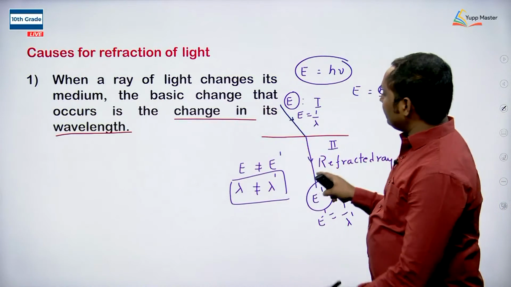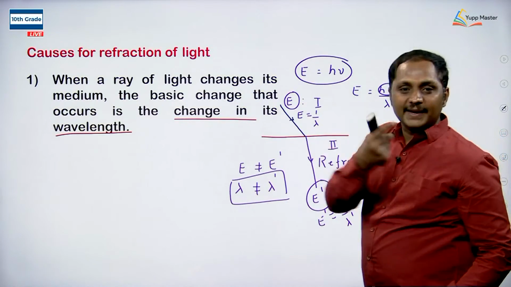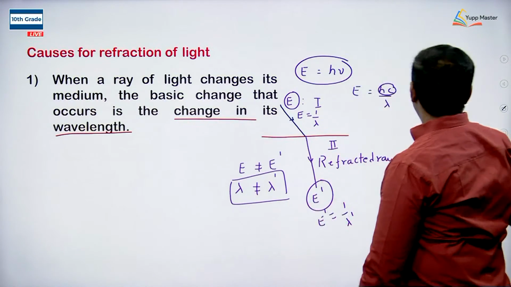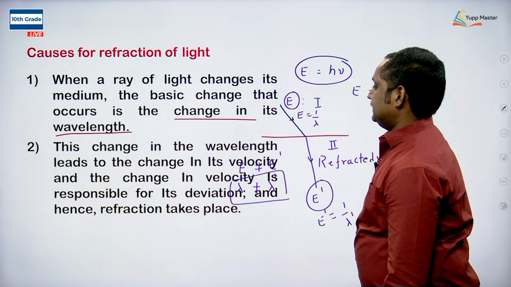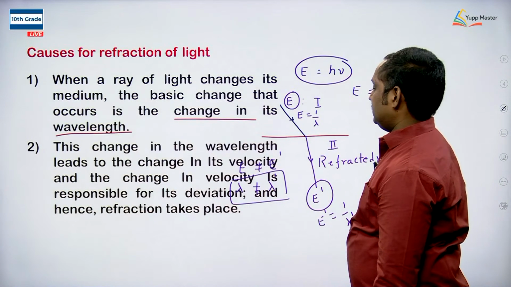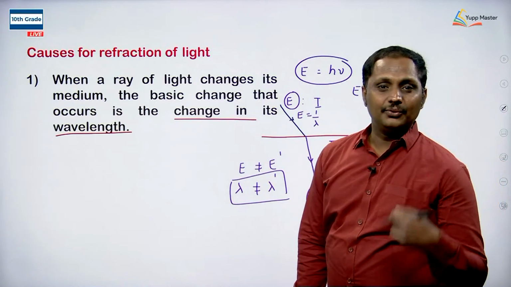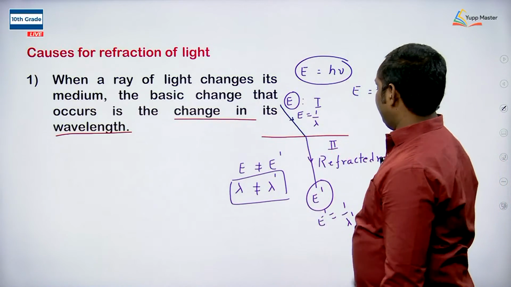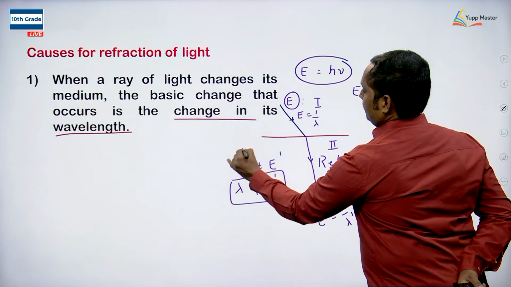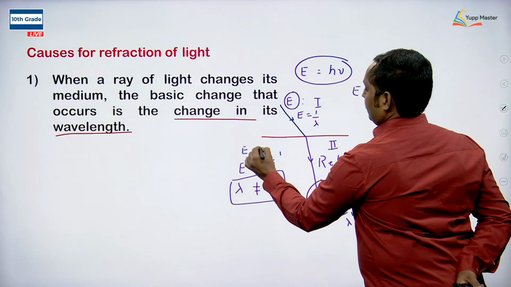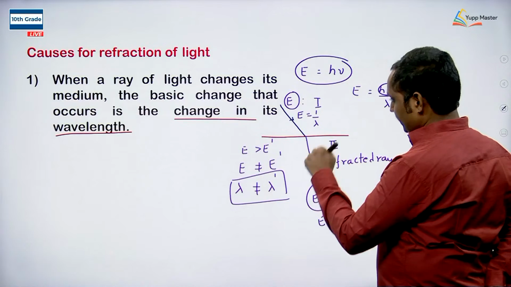What is the reason for the change in wavelength? We have discussed it with respect to the energy, it is very clear. Next, with respect to velocity also we will differentiate. It is clear that E is greater than E dash.